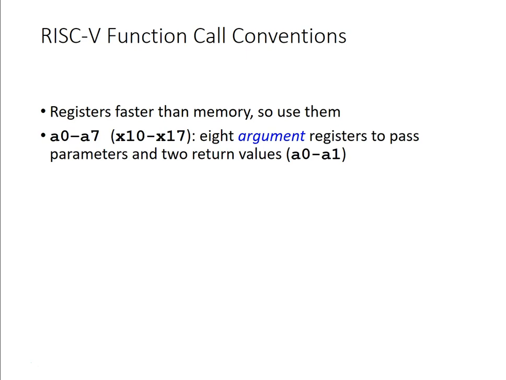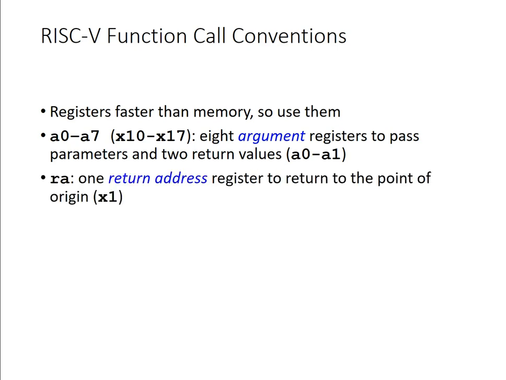For functions with 8 or less arguments, they can use some of our general purpose registers, specifically x10 to x17, to pass parameters, as well as return values to and from a function. And you can use these names for the registers A0 to A7 in your programs and are equivalent to x10 to x17. We also are going to use the register x1 for a special purpose here, and that is that it's going to be our return address. In other words, this is the point that we're going to return to after the function is over. And you can use the symbol RA in your program to reference this one.